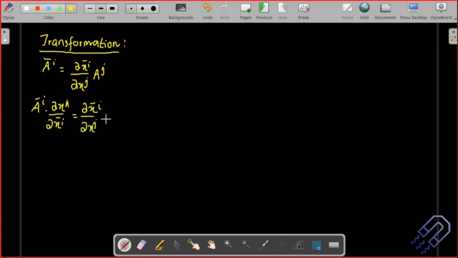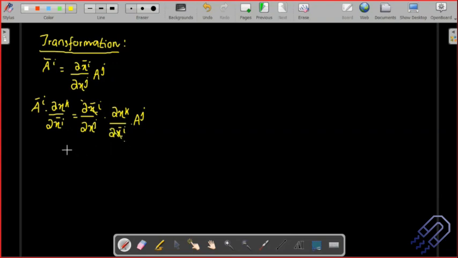You'll see we are going to use the Kronecker delta here. Okay, so don't worry. And what I've added is this del xk divided by del xi bar, into aj. Aj will remain as aj. So you see, you can actually just cancel this out. These two can be cancelled out.